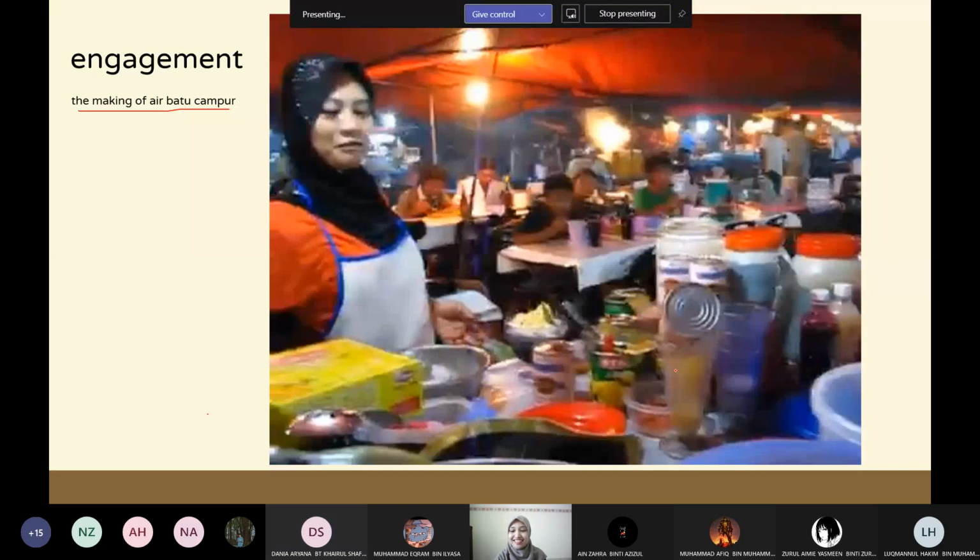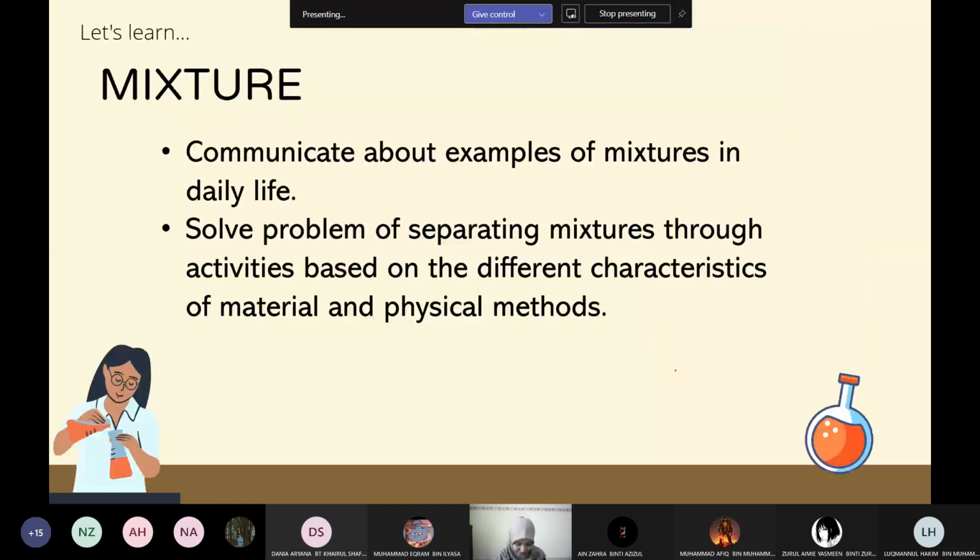Mixture. Alright. So today we are going to learn about mixture. At the end of our lesson today, you should be able to communicate about examples of mixture in daily life.